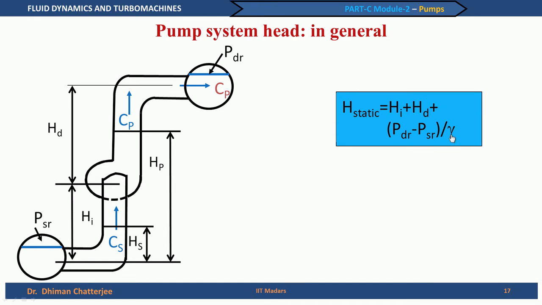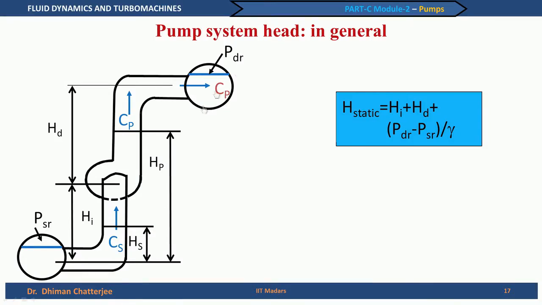Here gamma is rho g. But there could be some chemicals being handled by the pump, where it is taken from one tank to another tank, and as it is transferred, the entire system is pressurized. In such a situation, it is possible that PDR in principle can be different from PSR. You have to apply this relationship carefully for the system that you have in mind.